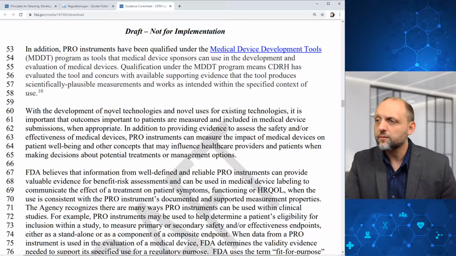With the development of novel technologies and novel uses for existing technologies, it is important that outcomes important to patients are measured and included in medical device submissions when appropriate. In addition to providing evidence to assess the safety and/or effectiveness of medical devices, PRO instruments can measure the impact of medical devices on patient well-being and other concepts that may influence healthcare providers and patients when making decisions about potential treatments or management options.